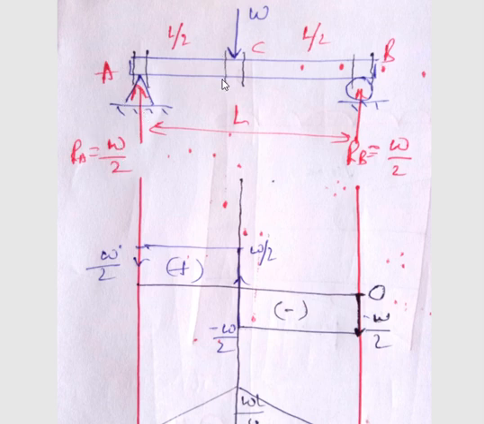Since this force is acting upward on the left hand side, it will be positive W by 2. Here you can see it is positive W by 2, and up to this point no other force is acting, so it stays positive W by 2. You can go from either side.